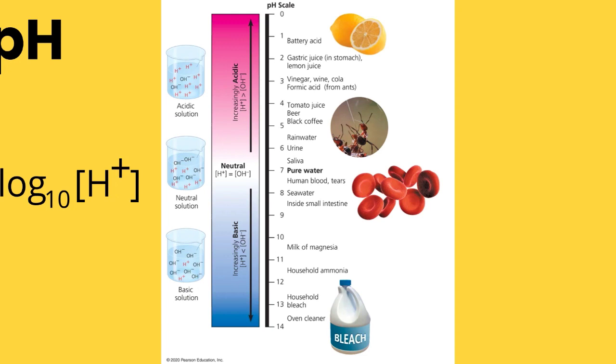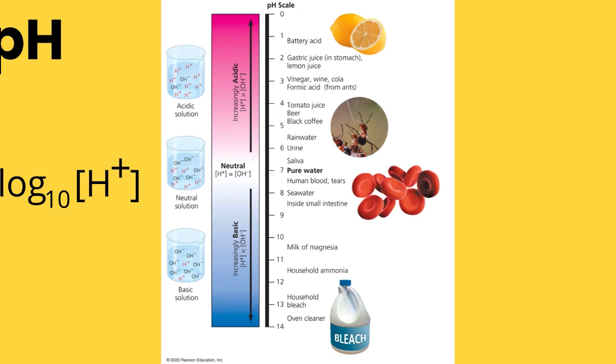Here's the pH scale with a few examples. We see that acidic solutions are more common in a biological sense. Gastric juice, tomato juice, and urine are all slightly acidic.